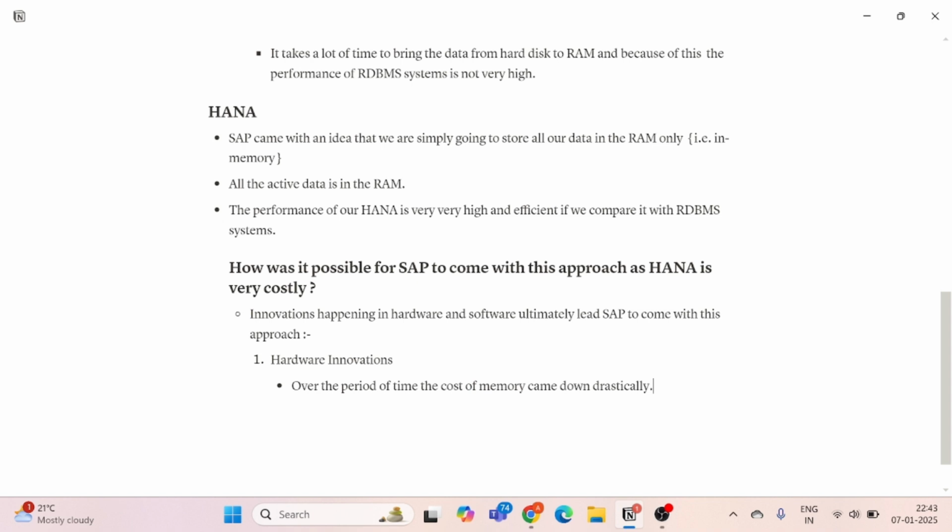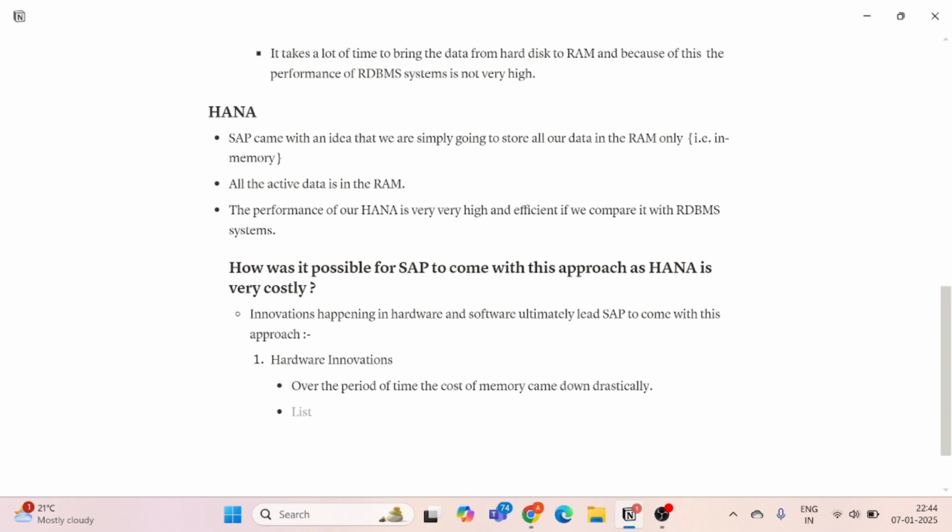If I go back 10 years, at that time buying 2 GB cost around 200 or 300 rupees or bucks. But at this moment, I can easily buy 16 GB or even 32 GB RAM with the same amount. So the cost of memory came down drastically.